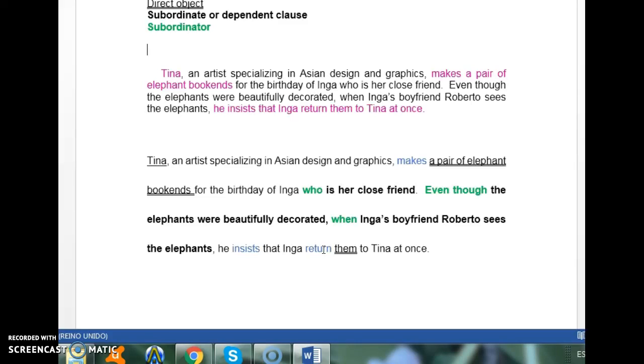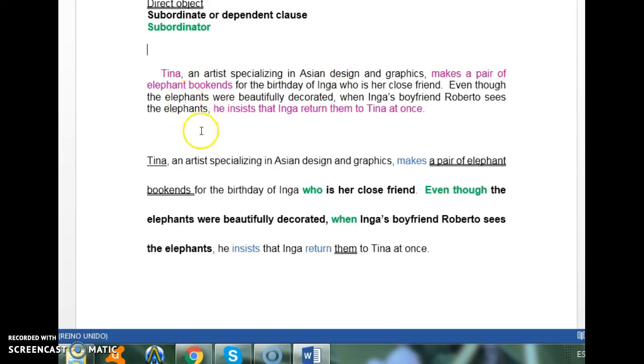So here, an artist specializing in Asian design and graphics would be an appositive, because this is adding information about Tina.